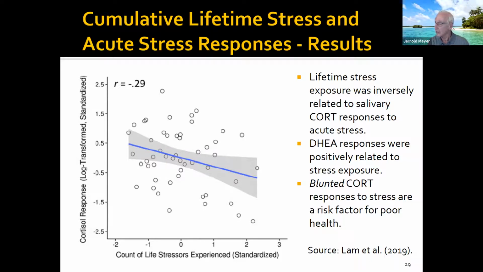And so maybe they're telling us two different sides of the same coin of how cumulative stress in some period of time can lead to the system becoming blunted, measured either as total cortisol output over a day or days, or a blunted stress response in this case.